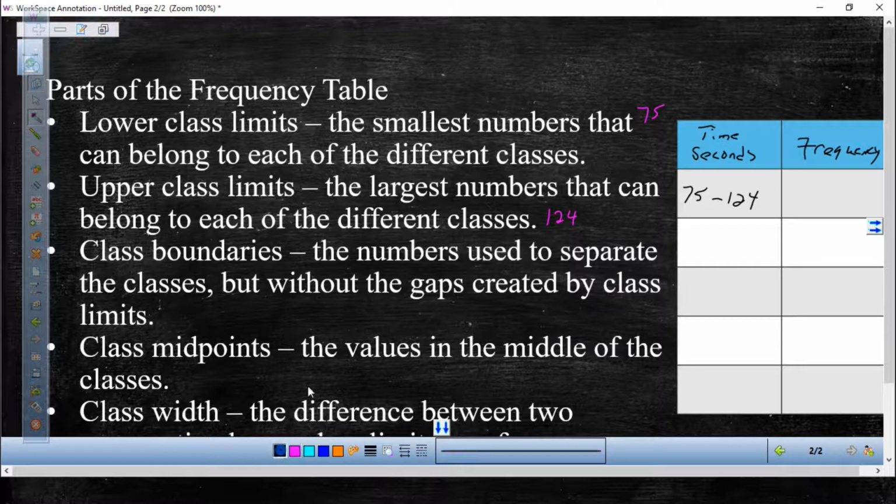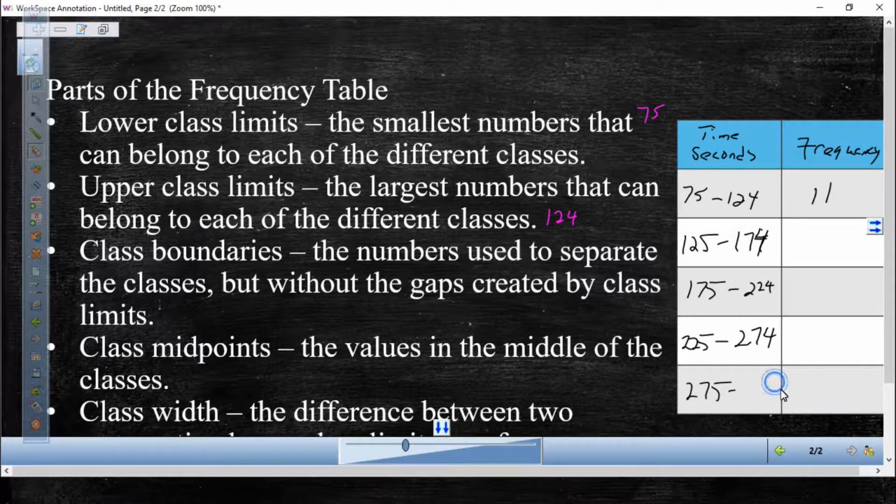Then we had a frequency of 11, and then 125 to 174, 175 through 224, 225 through 274, and 275 through 324. And then there were 24 of these, 10 of these, 3 of these, and 2 of those.